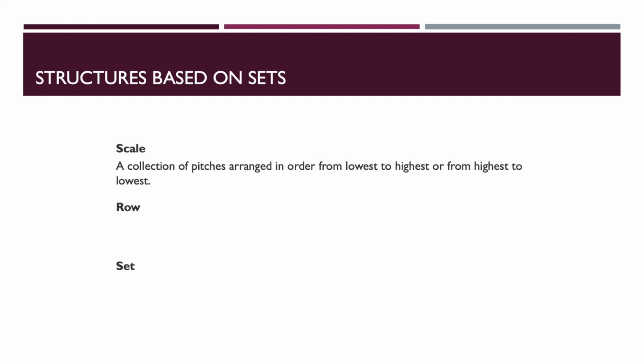It is a collection of pitches arranged in order from lowest to highest or from highest to lowest. For example, a major scale, or a whole tone scale. This is the representation of the pitch material in its simplest condition.